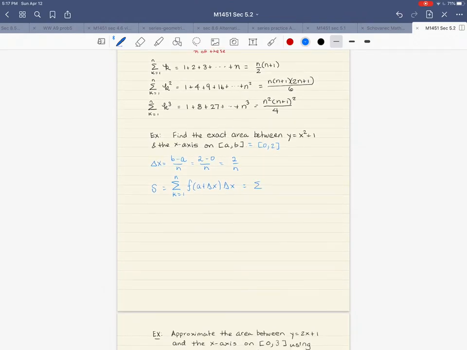So for here, that's going to look like the sum from k equals 1 to n. Our function was x squared plus 1. a is 0. So we're going to have f of 0 plus k delta x, which is f of 0 plus 2 over n, times 2 over n.